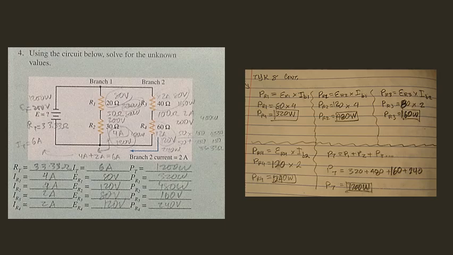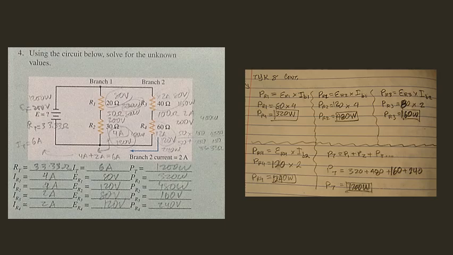We continue with the power at R1. We find that out, which is the voltage drop at R1 times the current at B1, or 80 volts times 4 is 320 watts. Same thing to find the power at resistor 2, which equals the voltage drop at resistor 2 times the current at B1, in this case 120 volts times 4 amps, or 480 watts.